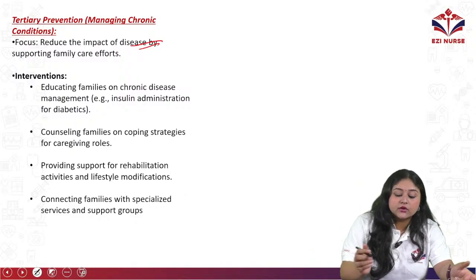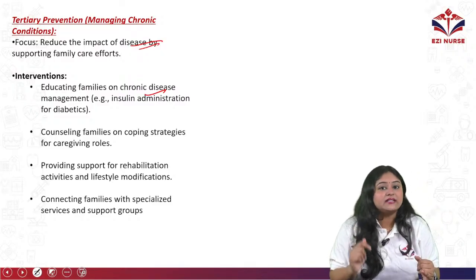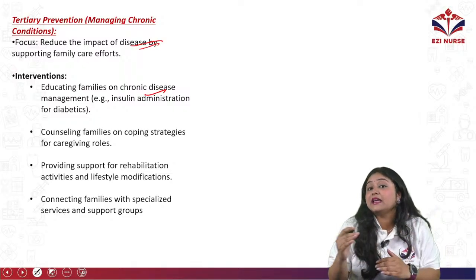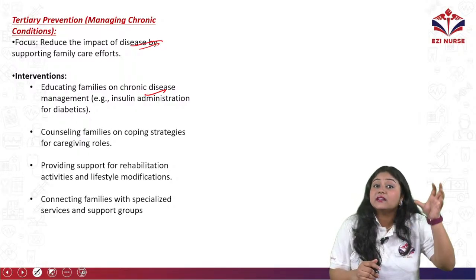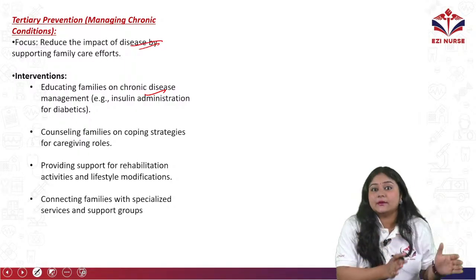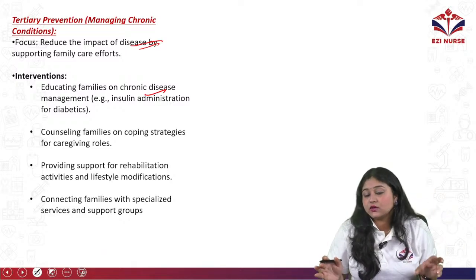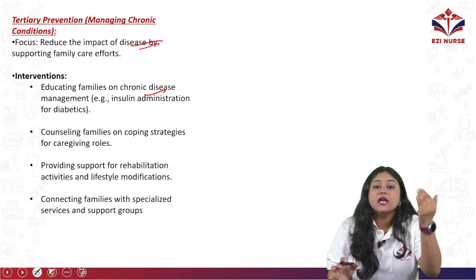First, we have to educate the families on chronic disease management, like insulin administration for diabetes. What are the places where we can inject the insulin? How many units do we have to give? What are the things we have to do before insulin administration, after insulin administration, and when we have to take this insulin? All this information we have to give to the patient.